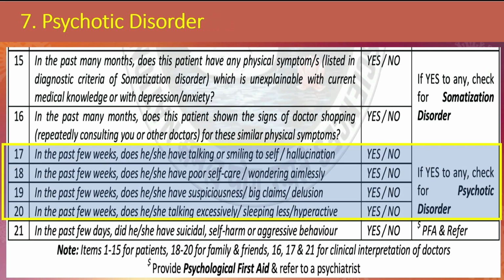Moving to questions number 17 to 20. This deals with psychotic disorder. Although 4 questions have been dedicated to psychotic disorder, it is very easy to diagnose. Go to any village and ask the Asha worker, does any person in your village have any psychiatric illness?